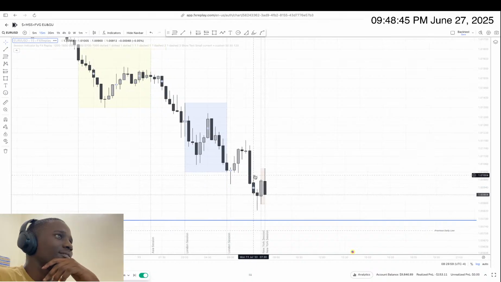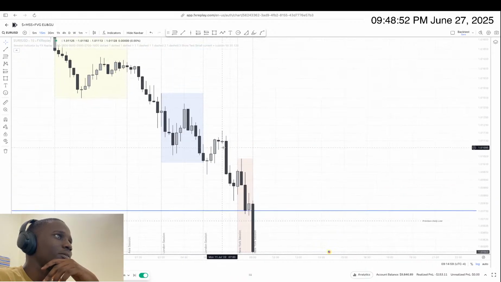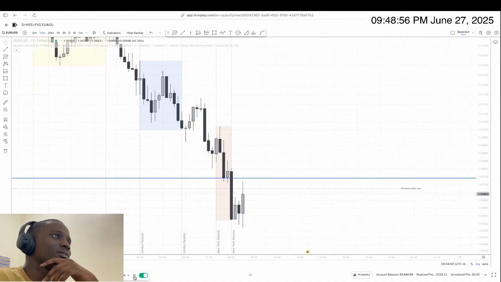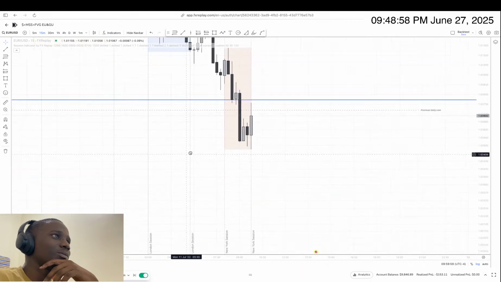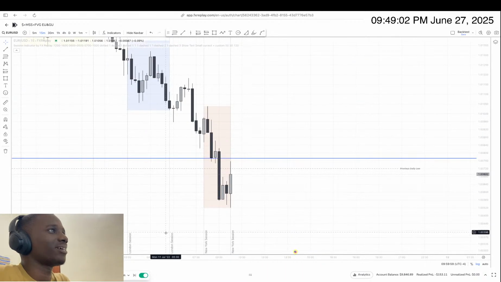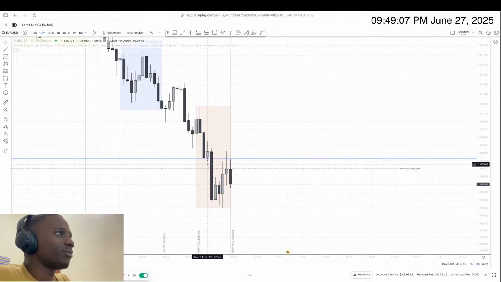Okay, and we get another fair value gap here, and boom, we drop real heavy. This is nice. The reason I don't want to enter here is because I wouldn't have a clear target of where I'm going, but I can see that we're rejecting this fair value gap here.